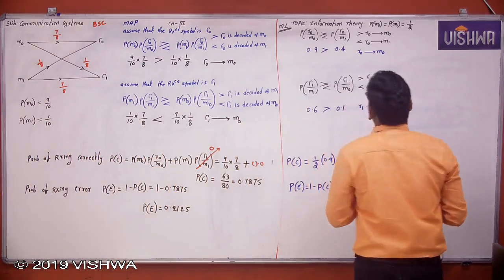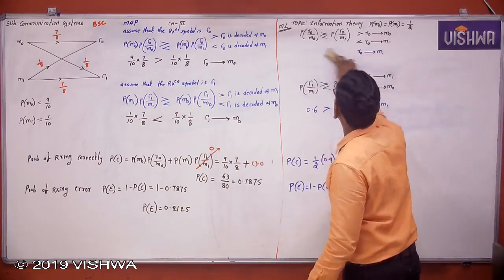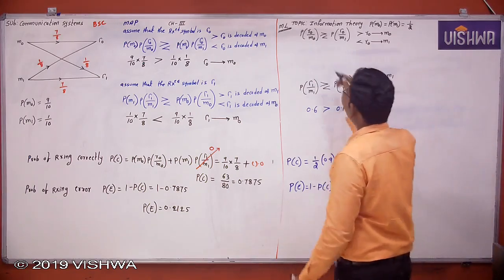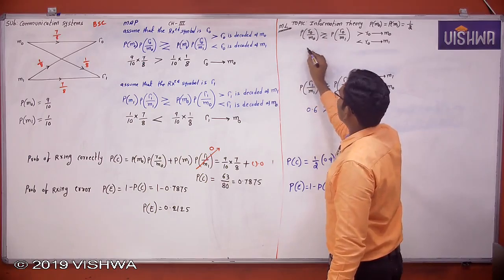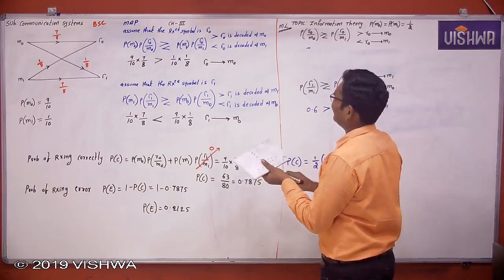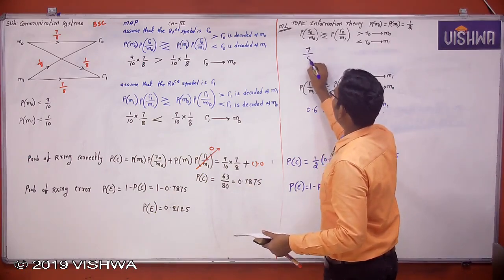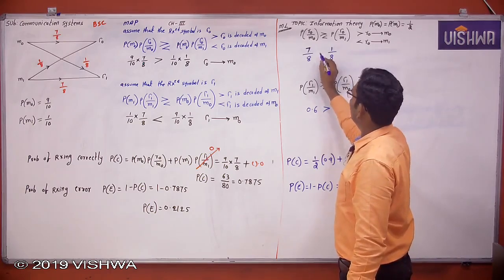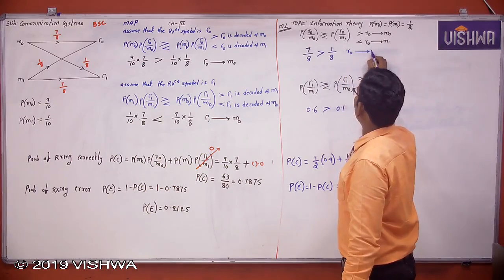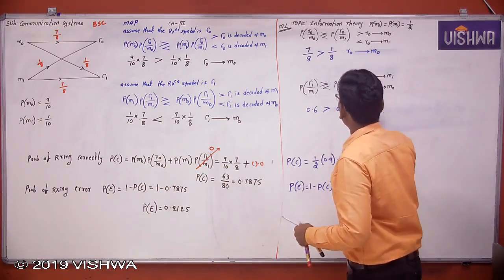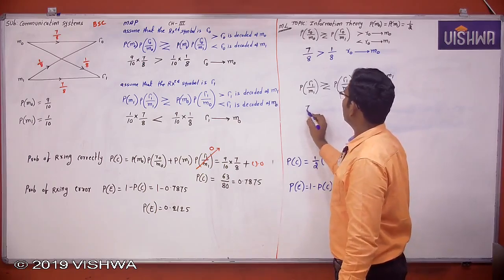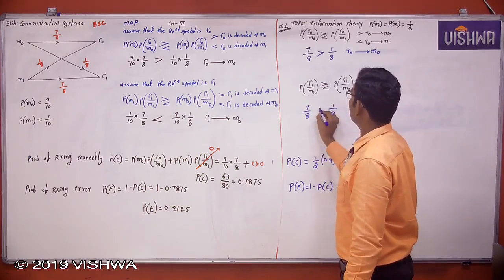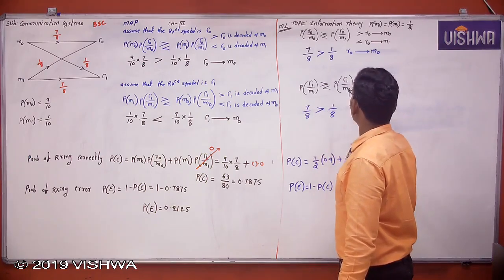Now, in ML decoding, R0 by M0 is 7 by 8 and R0 by M1 is 1 by 8. So this is greater, and R0 is decoded as M0 in ML. Here R1 by M1 is 7 by 8 and R1 by M0 is 1 by 8. Of course, this is also greater, so R1 is decoded as M1.